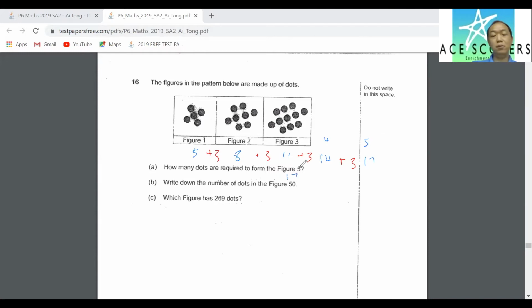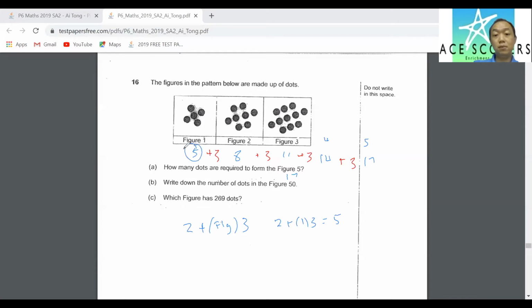Write down the number of dots in figure 50. So what's the sequence? Right, the sequence is 2 plus figure number times of 3. Okay, how does it work? Let's try. If it's figure 1, 2 plus 1 times 3 equals 5.